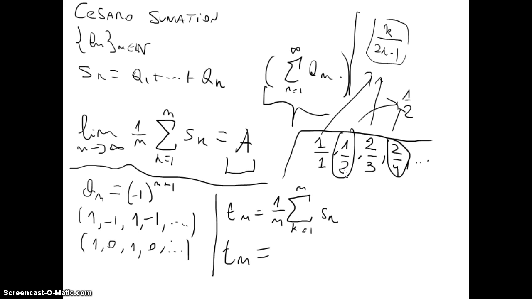So one can prove that this summation will give 1/2. So the Cesaro summation can tell us something about some series that diverge in the usual way of sum.